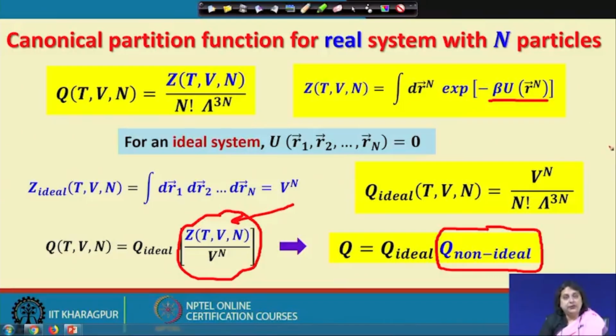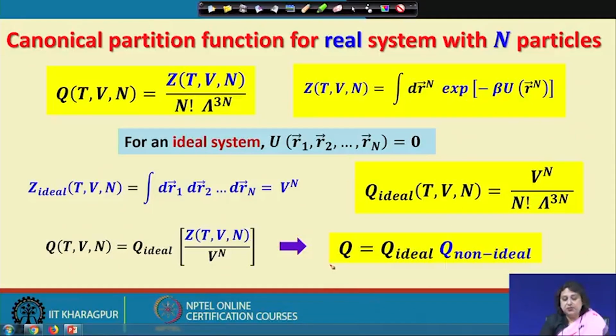And therefore, I would say that by using this definition, I have this extremely important relationship that I can express capital Q of a real system as capital Q for the ideal part and capital Q for a non-ideal part, dependent on the interparticle interaction in the system.